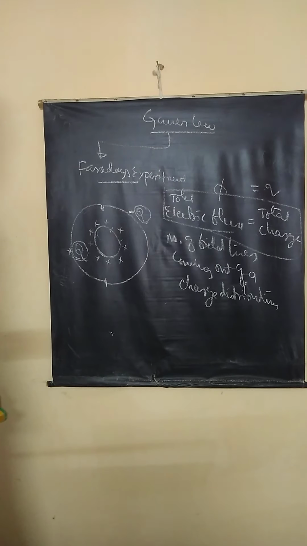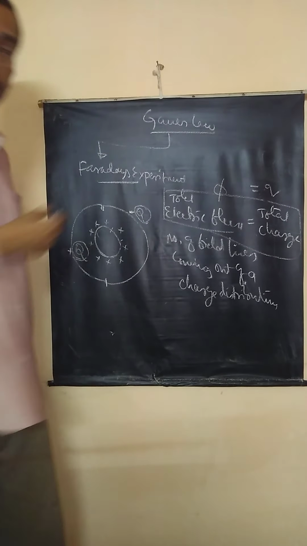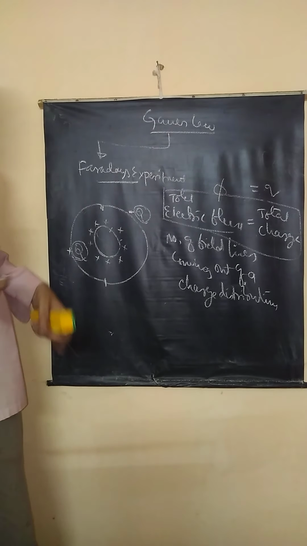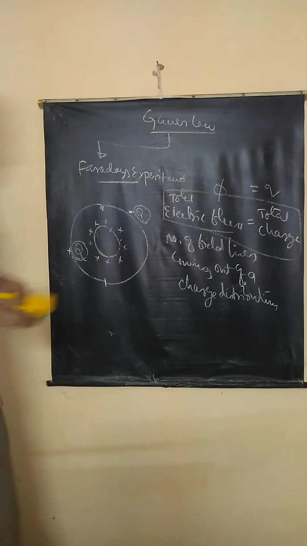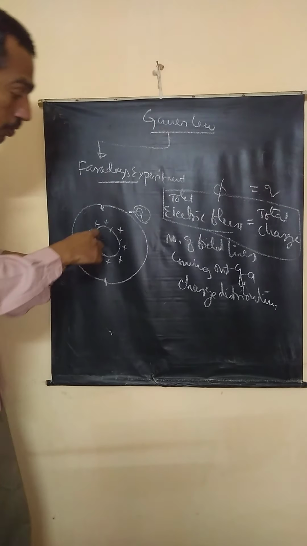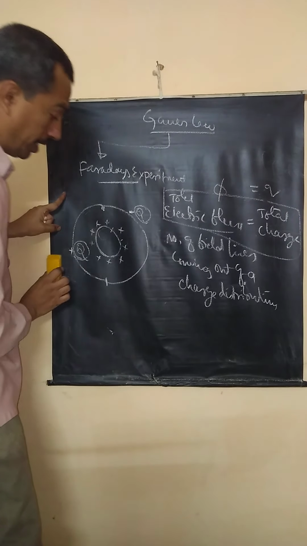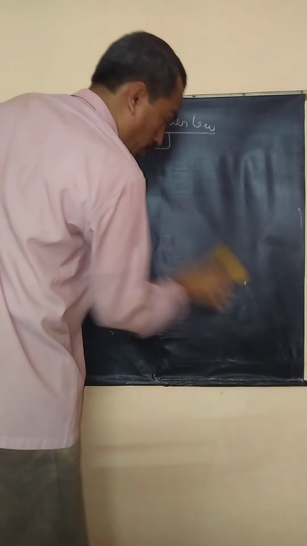Now Gauss wrote a mathematical equation to represent this flux. How to calculate this? He introduced the term electric flux density. The flux coming out per unit area, he defined as electric flux density. So what was Gauss' contribution?